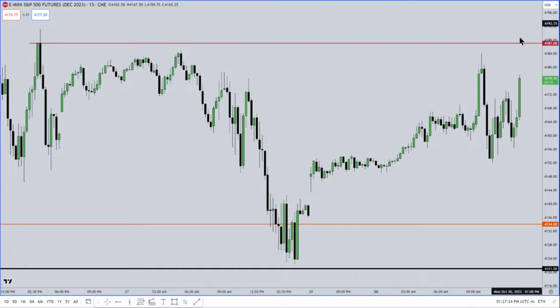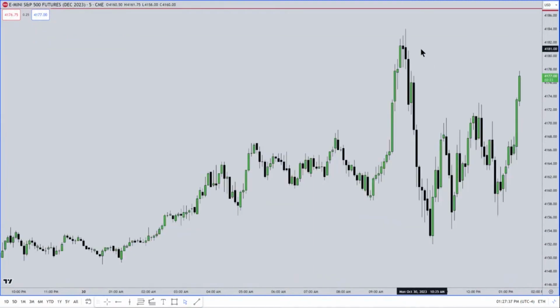If it were to take a run above that 41.87 level, it would be permissible for it to drop down into this high in here, but it would have to be supported by, let's go into the 5-minute chart, this up close candle here. Because that would be your bullish breaker. So, meaning that it has to go through that, show no respect of it, okay?